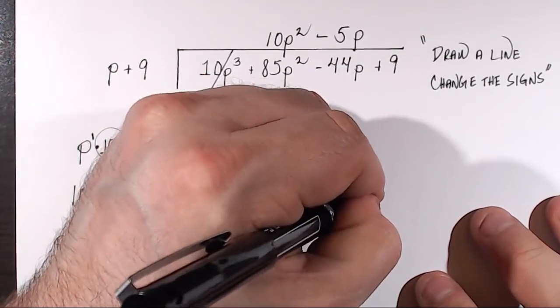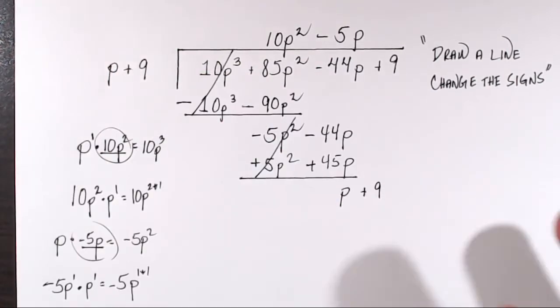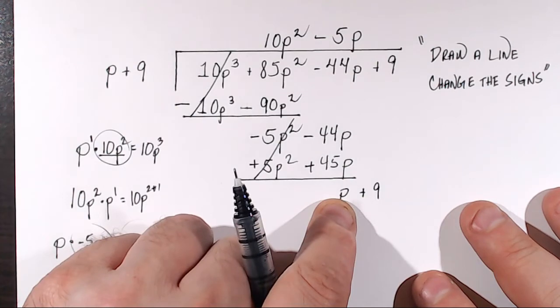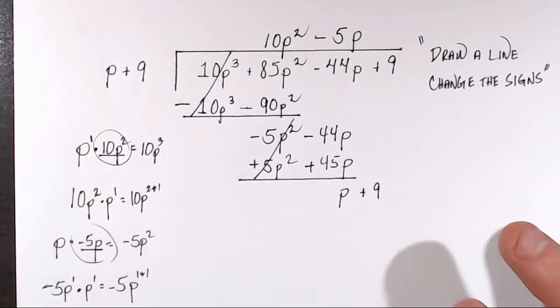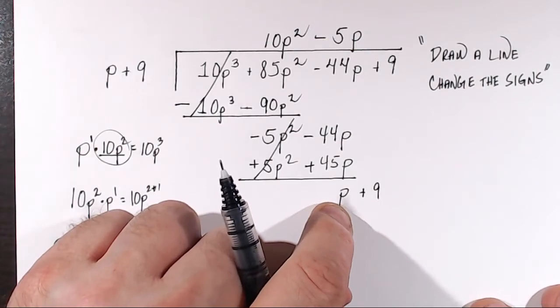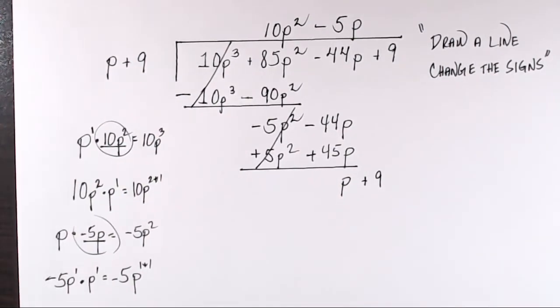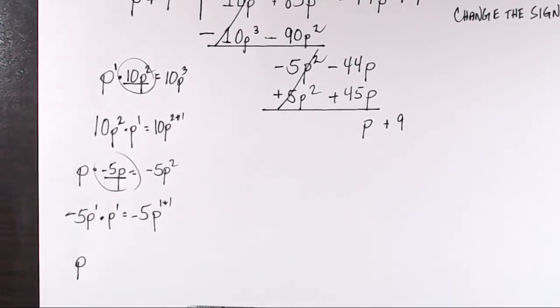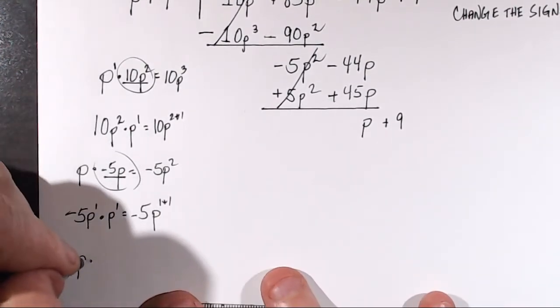Now bring down the plus 9 and ask yourself, what do I need to multiply by p to get p? This one's not so obvious. P times 1 equals p. It's one of those things that's so obvious it's actually kind of complicated.